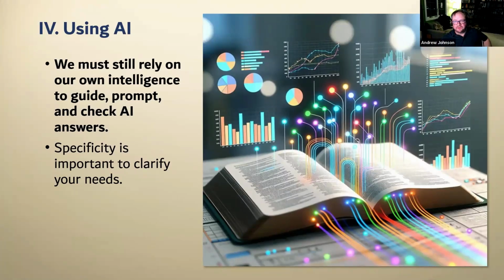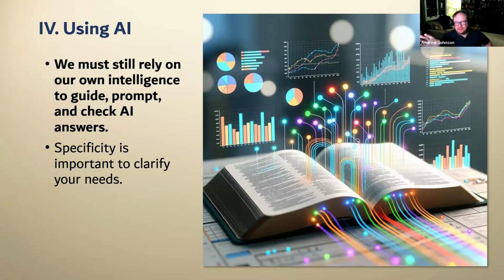You still need intelligence to use AI as a user, and you need it to guide the prompts and check AI answers at the very least. Because although this thing is guessing what you're looking for, and it's usually pretty good at it, you still need to do your own due diligence and make sure that the answers that it's giving you are good.